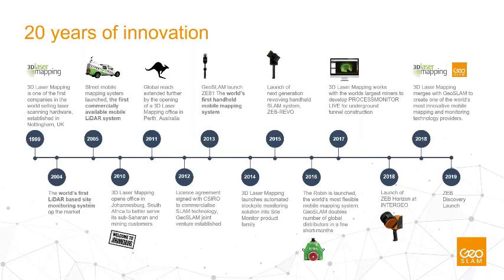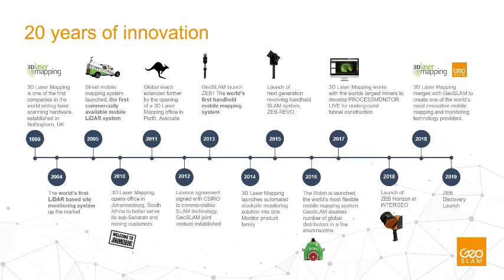So GeoSLAM has about 20 years of innovation, even though the company is newer than that. Company was created in 2012 by a joint venture between 3D laser mapping. 3D laser mapping has been one of the innovator and first adopter of LiDAR technology in the world.